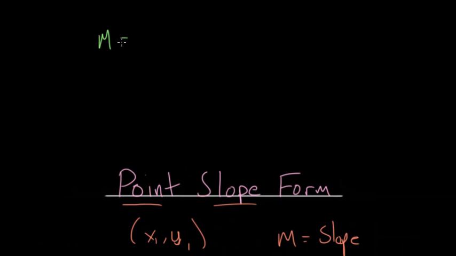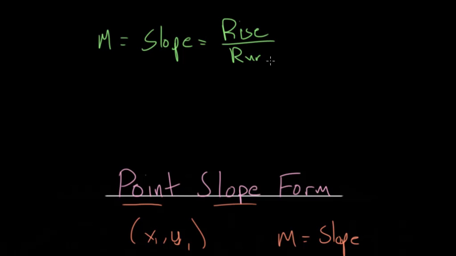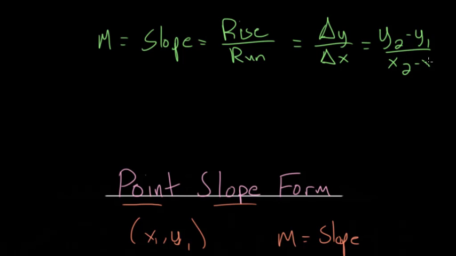So you might remember that slope, which we usually denote with m, is defined as the rise divided by the run, or in other words, the change in the y values divided by the change in the x values. But if you've seen the formula for slope when you have 2 points, it's also written as y2 minus y1 over x2 minus x1. And it's from this formula that we can derive the point-slope form.